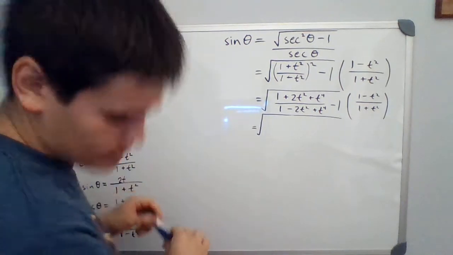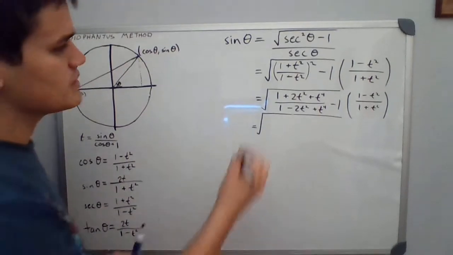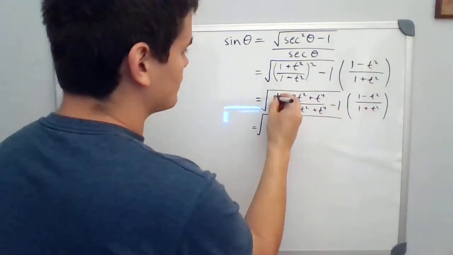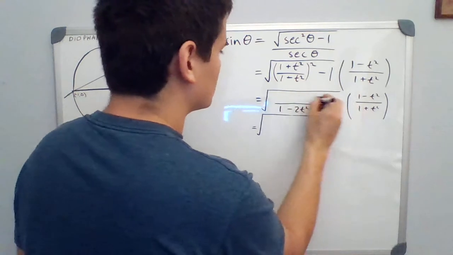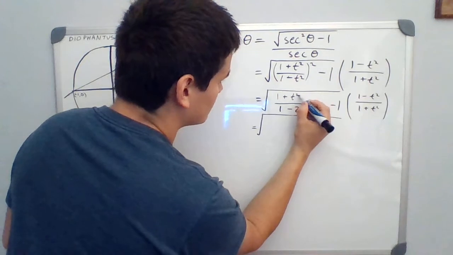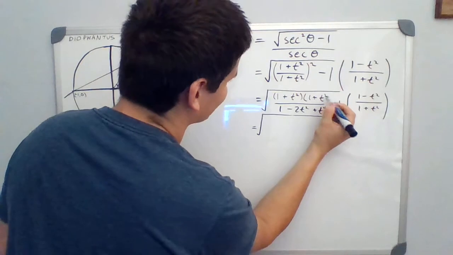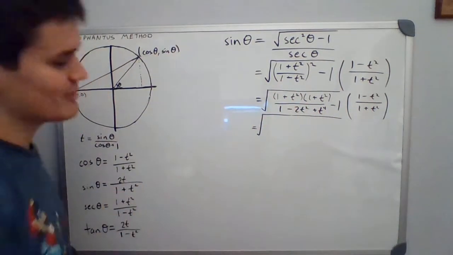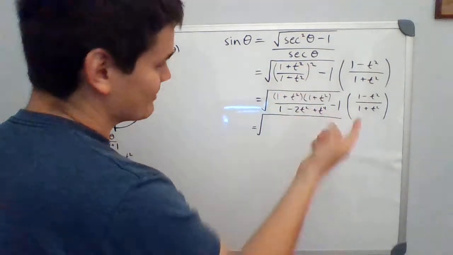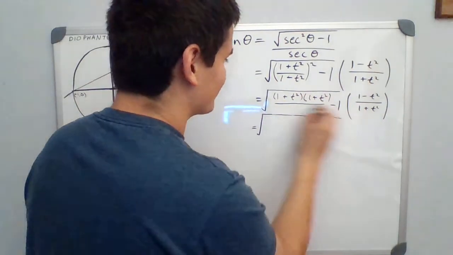And well, maybe it would just be easier if I just erase it and factor it. So 1 plus 2t squared plus t to the 4th is going to be 1 plus t squared times 1 plus, you know what? I just realized it was unnecessary for me to break it down into those terms. I should have just said 1 plus t squared squared and then 1 minus t squared squared. That's actually what I want. Okay, so forget that last step.